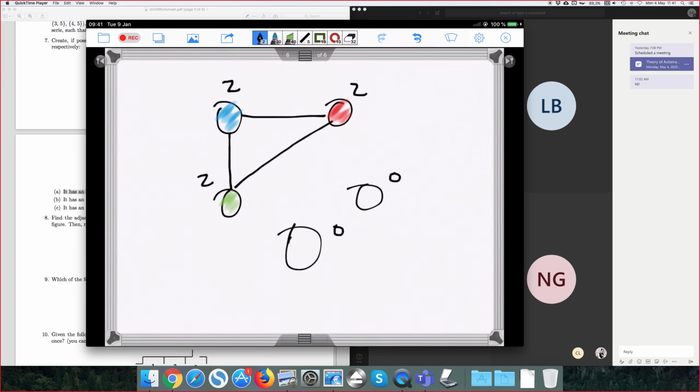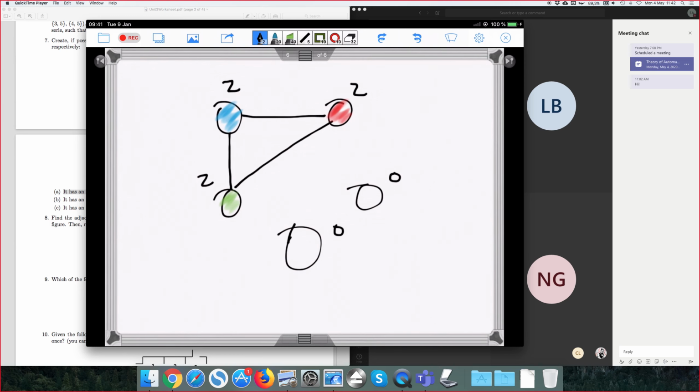If I add the edge here, then the blue and red vertices increase their degree to 3. If I add here the edge, then these 2 zero-degree vertices go to degree 1. If I do something like this, then I have degrees 3 and 1. Any way that I include the new edge, 2 of the vertices will jump from an even degree to an odd degree.